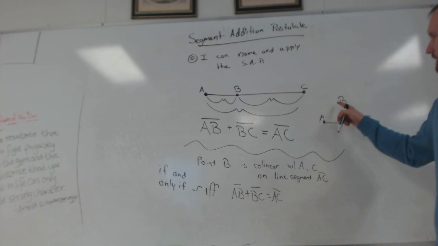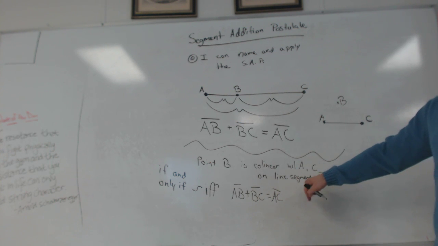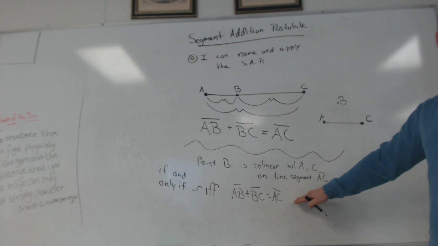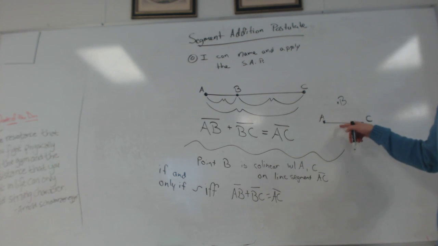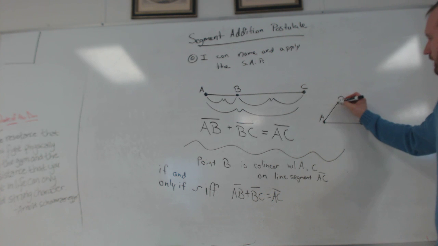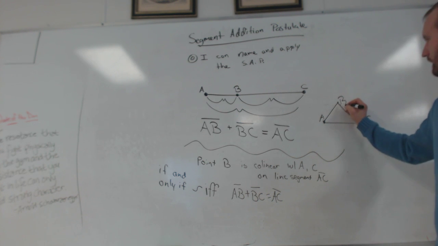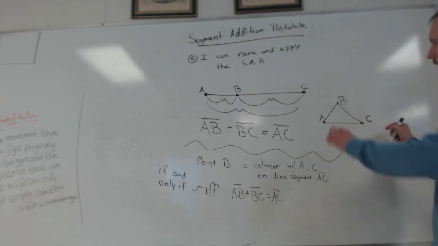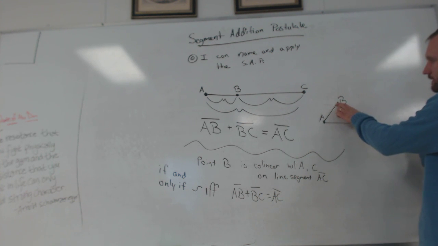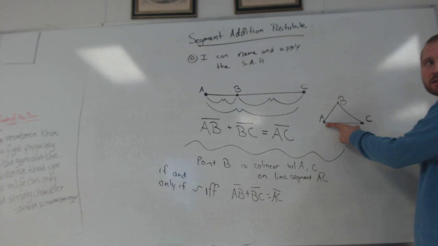So this is like disproving this postulate. It's not disproving it, but it's a counterexample to this postulate. If B is not on the line, then AB plus BC will not equal AC. Right? This plus this is not going to equal this.